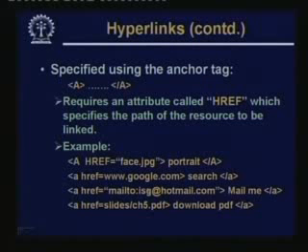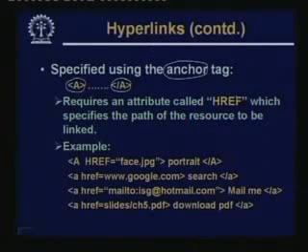Now, let us see how we can specify these hyperlinks. They can be specified using the so-called anchor tag. This anchor tag is named simply A, begin A, end A. A means anchor. Whenever you use this anchor tag, you are trying to link to some other document or resource. So somehow you must specify where this other document or resource is located.